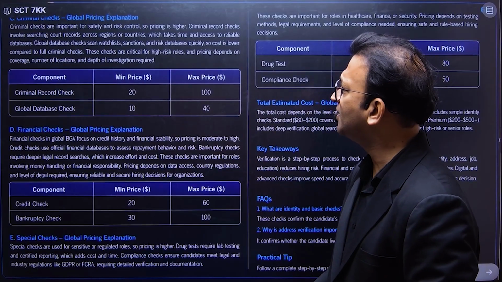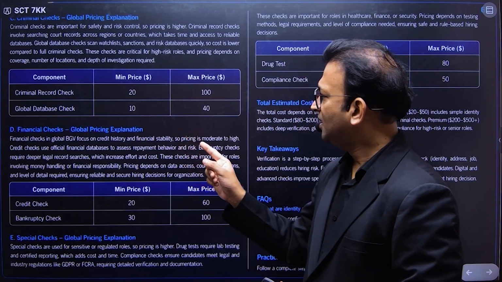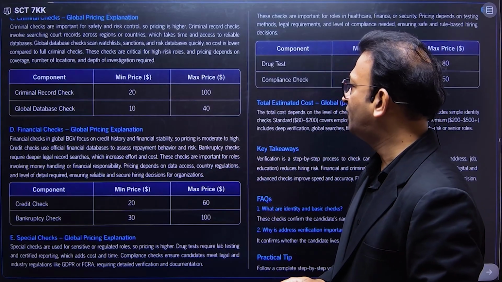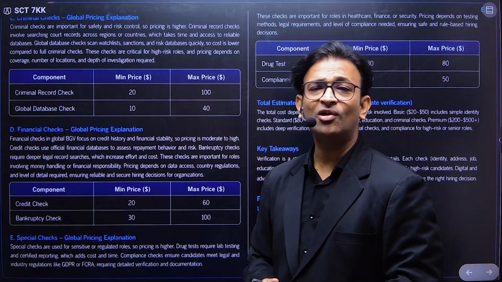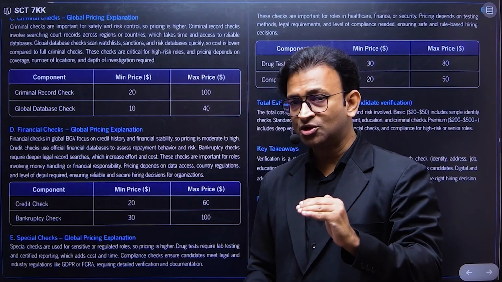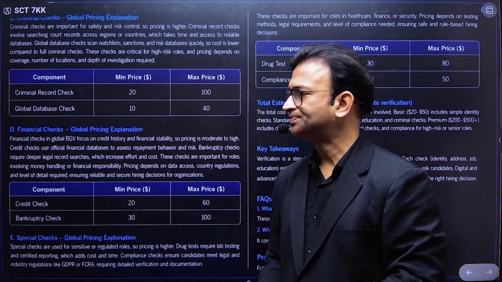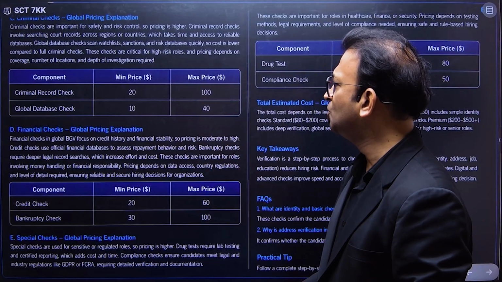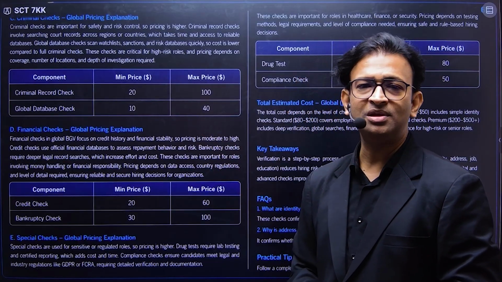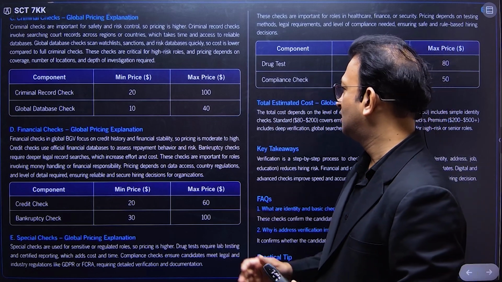Moving on to financial checks. This focuses on your credit history and financial stability, so pricing, of course, is moderate to high, but not so low. Credit checks use official financial databases to assess repayment behavior and risk.